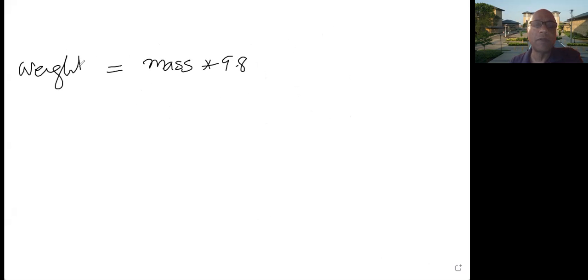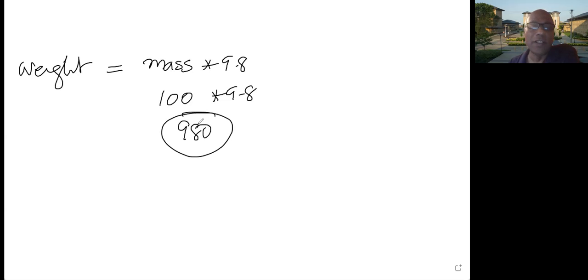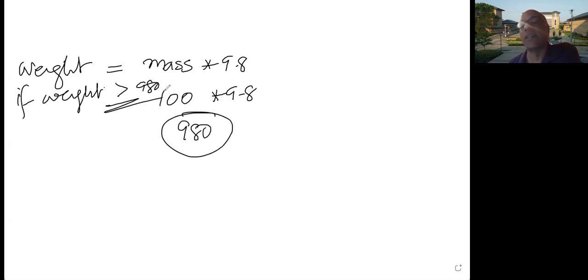So when you multiply mass by 9.8, and that is weight, sometimes, suppose mass is, let's say, I'm just taking some examples, 100 times 9.8, the answer is 980, obviously, right? But if you compare this against 980, if you write if weight is greater than 980, it may not do the comparison correctly, because this may not come out to be exactly 980.